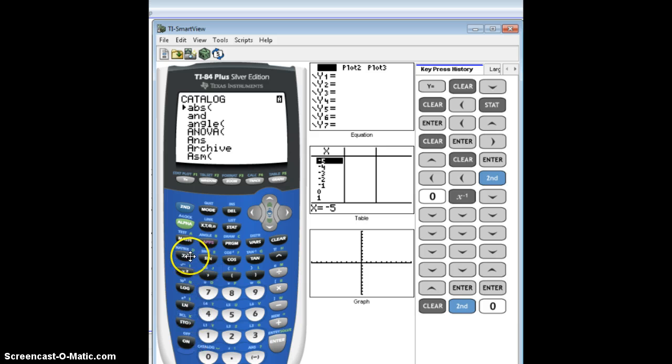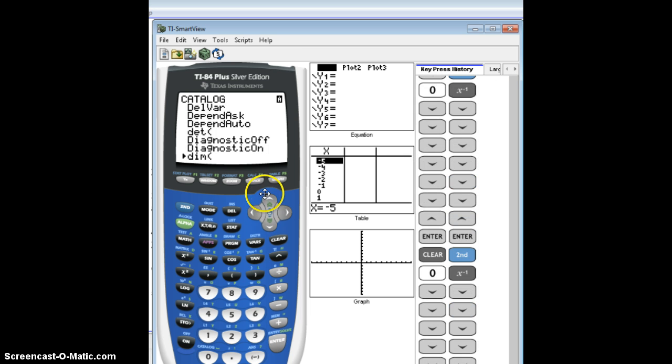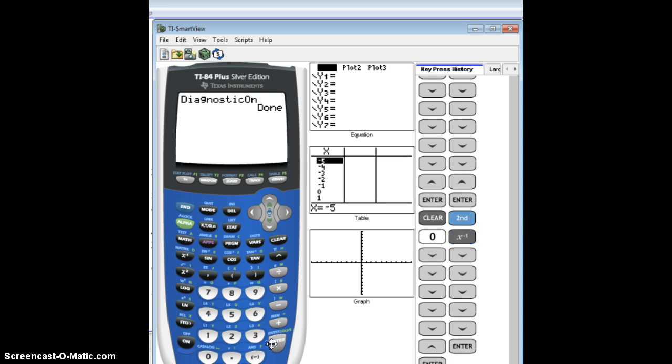You can quickly get there by hitting the D button and then going down to diagnostics on. Then hit enter twice. That will turn on your diagnostics and it'll allow you to see the regression analysis when you run your calculations.